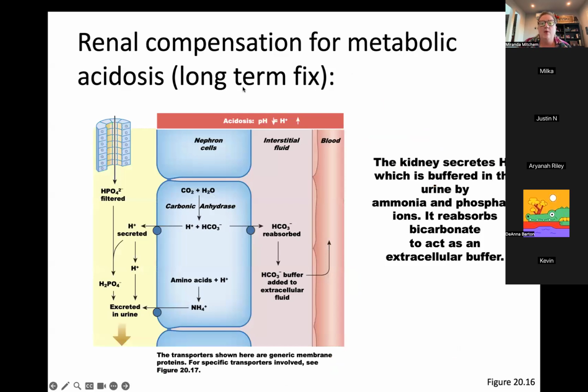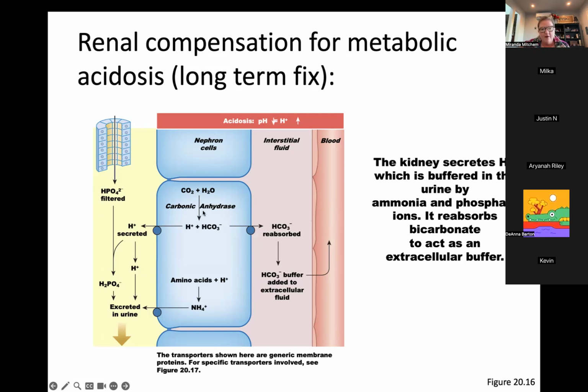Okay, so now we'll look at what happens with the long-term fix, coming by the action of the kidneys. So we're looking at our nephron cells here, the tubule cells. The yellow side is the inside of the tubule, and then towards the right are the blood vessels, so the peritubular capillaries.